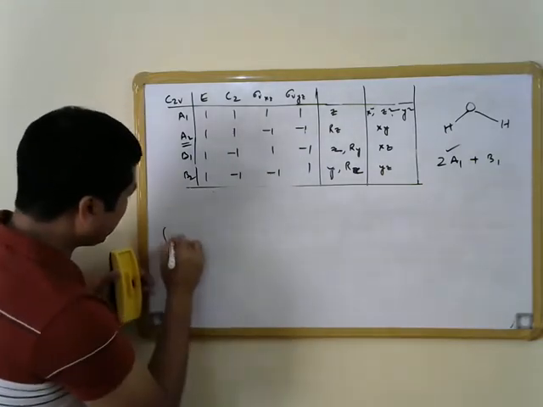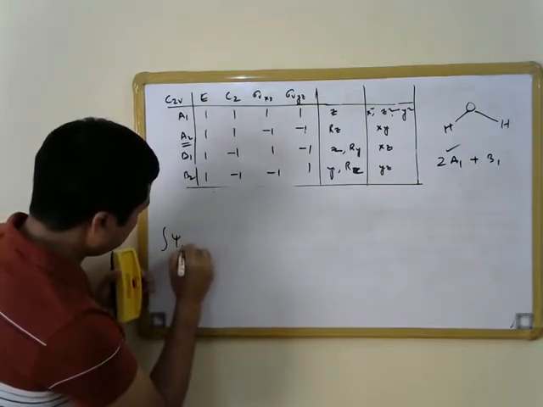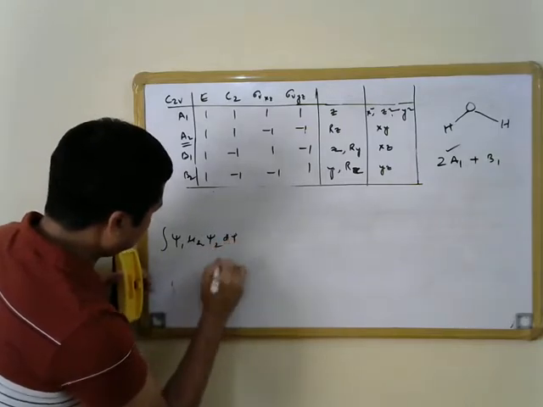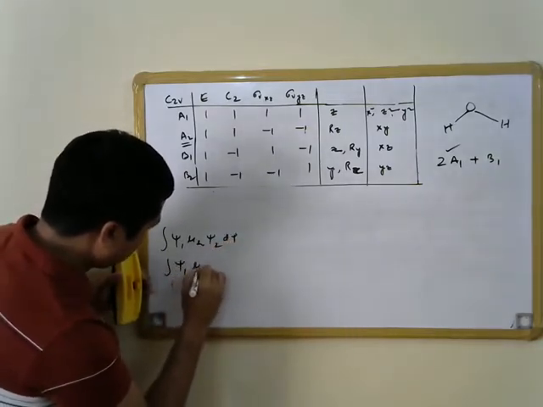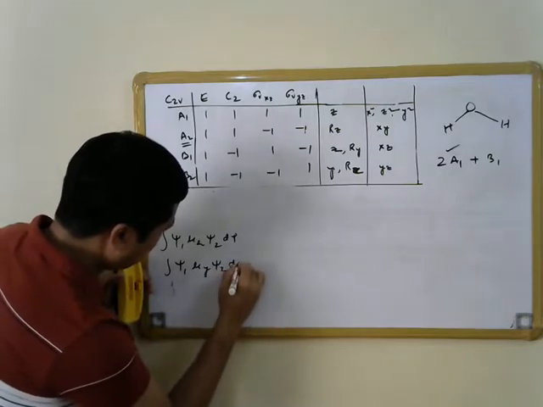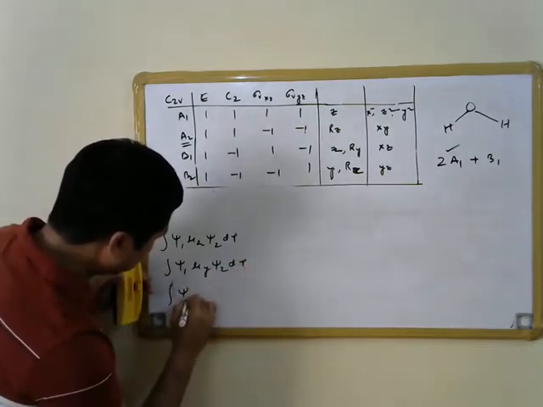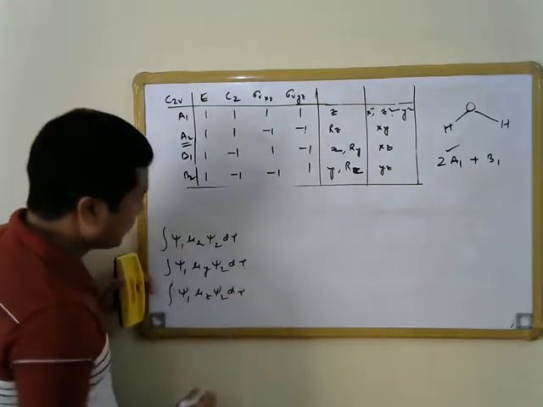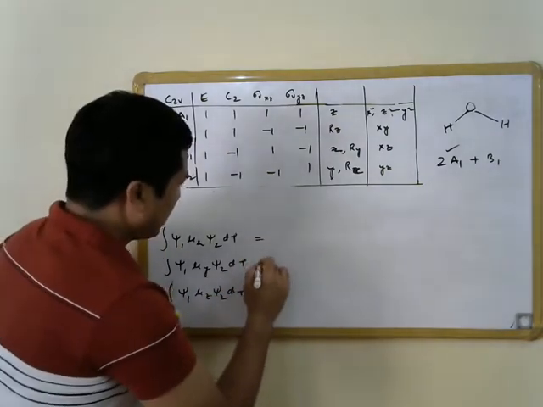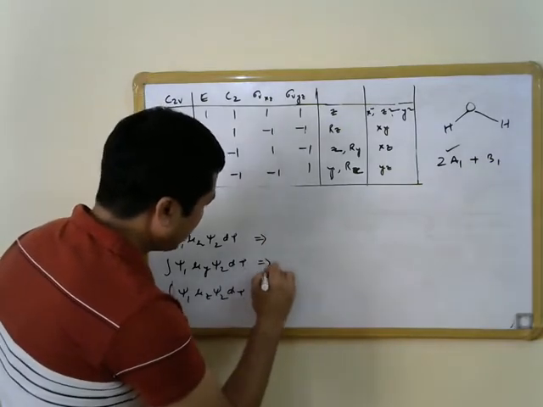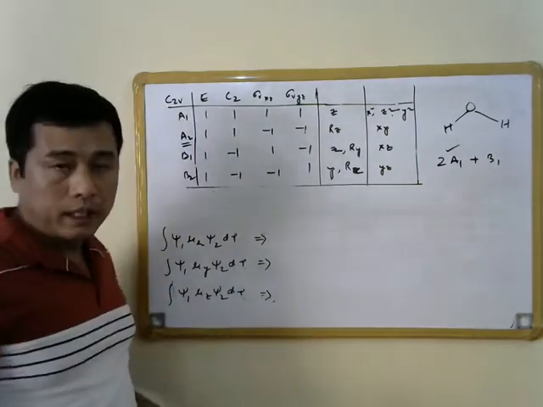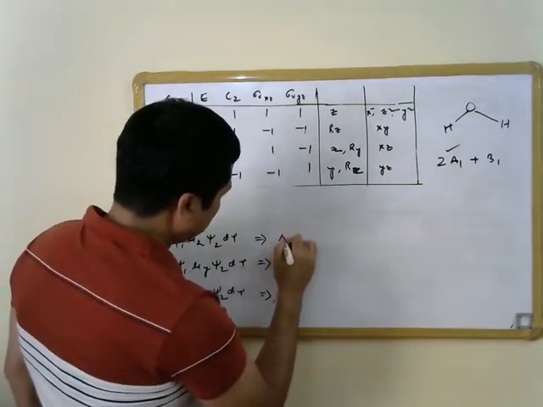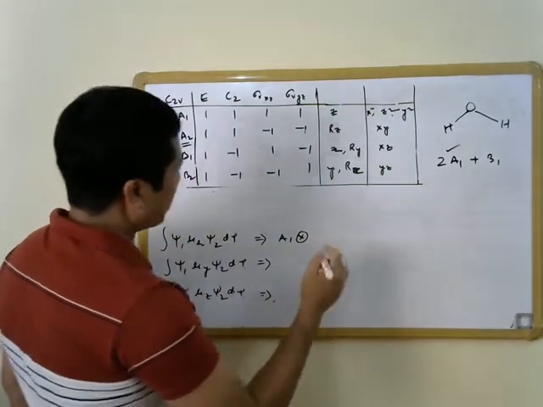So if we do again these integrations for a vibrational mode which has A2 symmetry, just to show you a very important point here, let's find out the answer of these direct products.